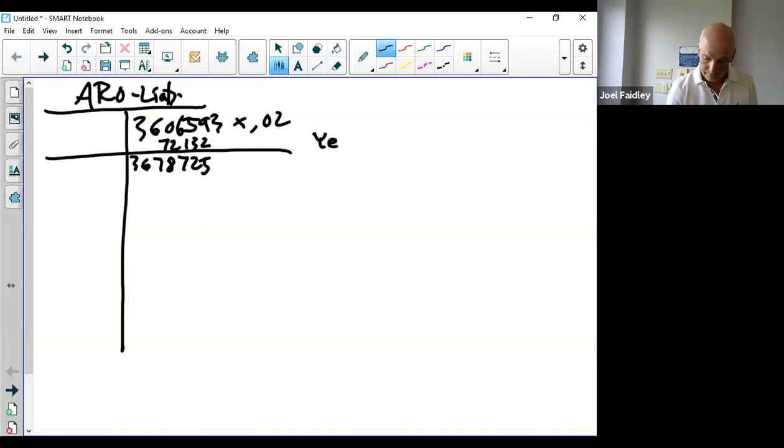So that's year one accretion, right? Debit accretion expense, credit ARO. That's the entry we're making.